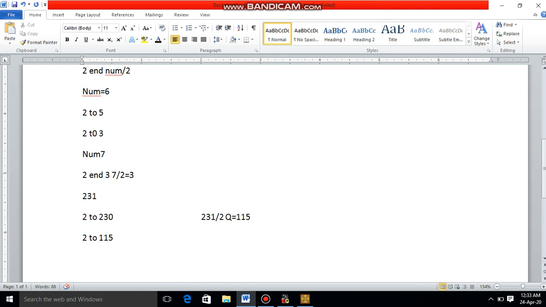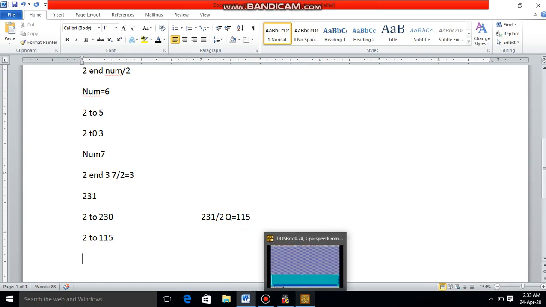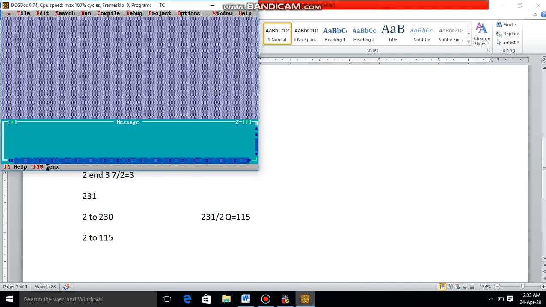Starting from 2 to 115, that is 113 iterations. So this is how I have simplified the program, and I have written a program for that particular logic.